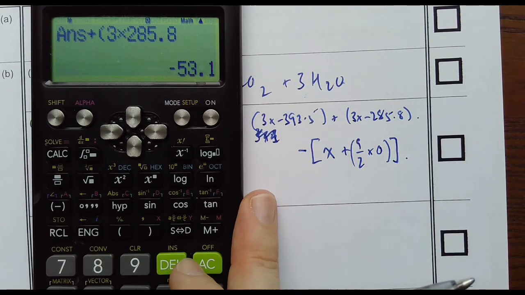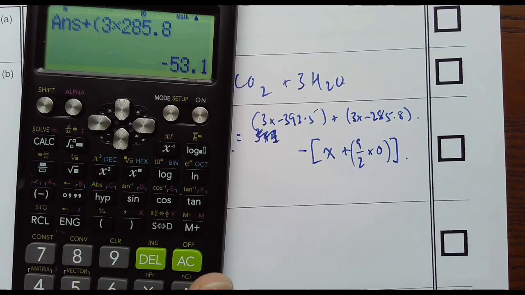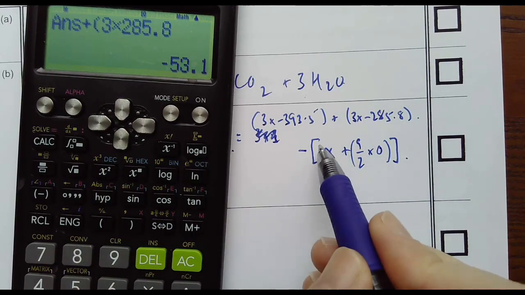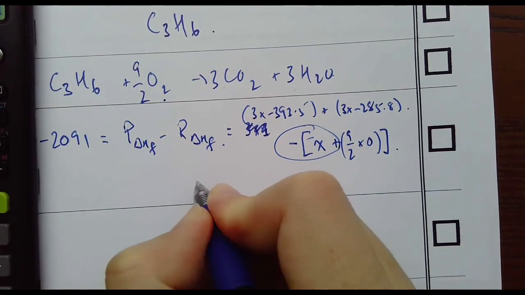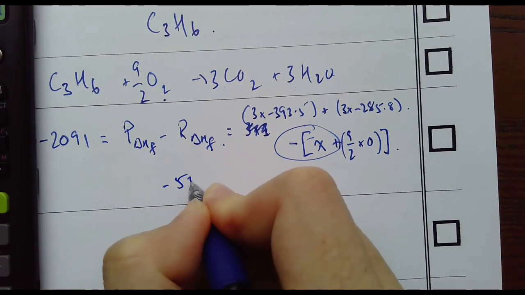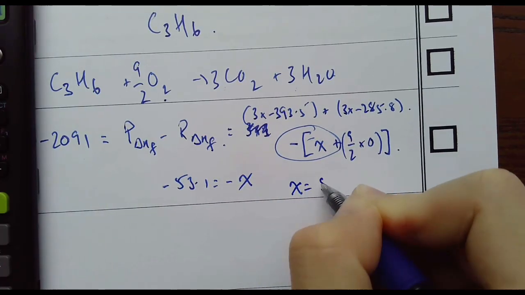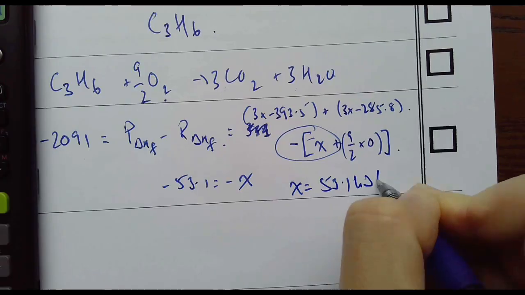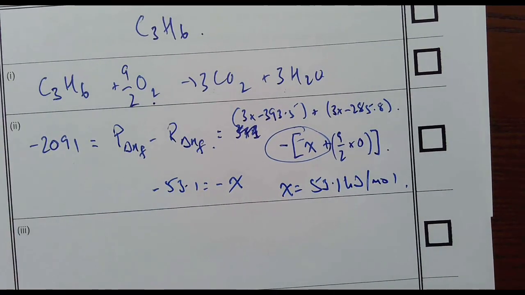This is where most people are going to lose this mark here. They're going to be like, calculator says minus 53.1, but that's not okay because it's minus X. So what I end up with is minus 53.1 equals minus X, or X equals 53.1 kilojoules per mole. All right, please don't make that mistake.